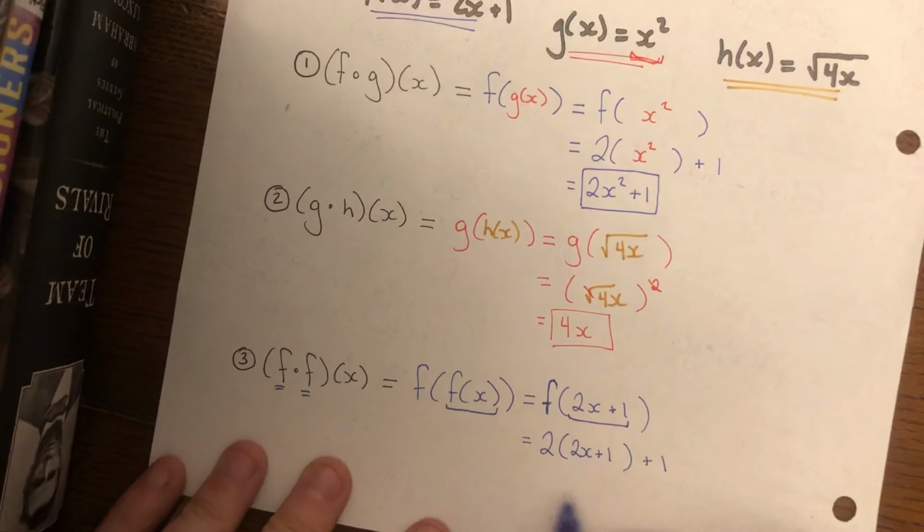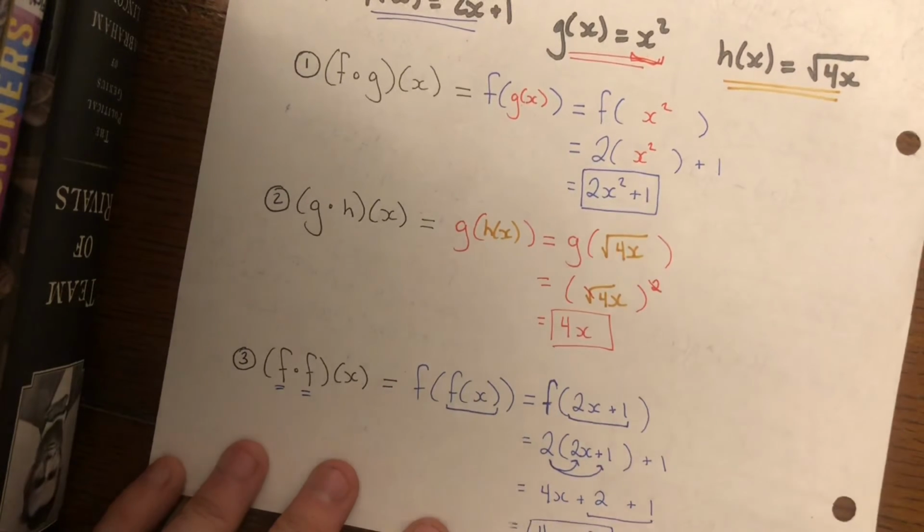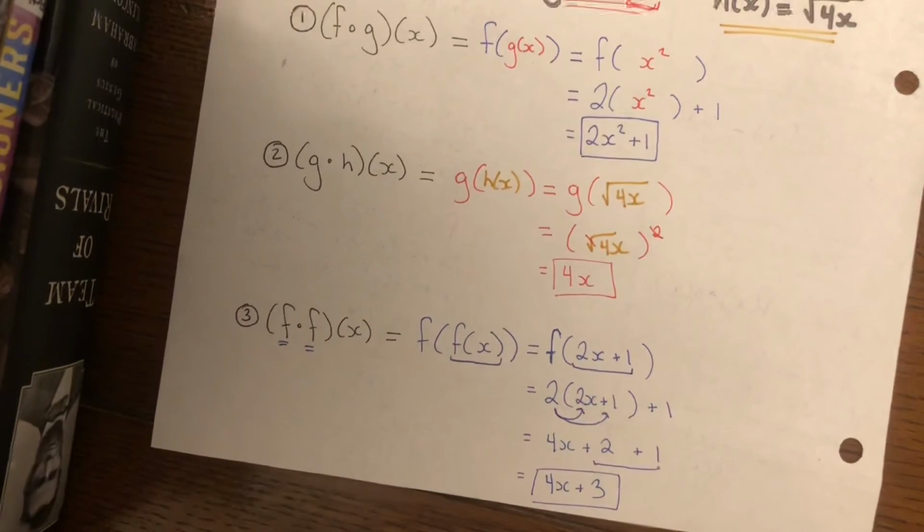And now I want to simplify. So now I'm done kind of evaluating function, and now I can just simplify. So I've got 2 times 2x and 2 times 1. That makes 4x plus 2 plus 1. And if I combine like terms, I get 4x plus 3. Oops, sorry, I couldn't see the end of it there.